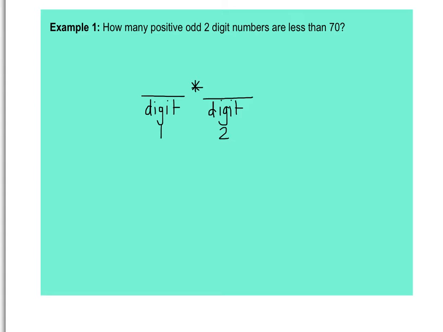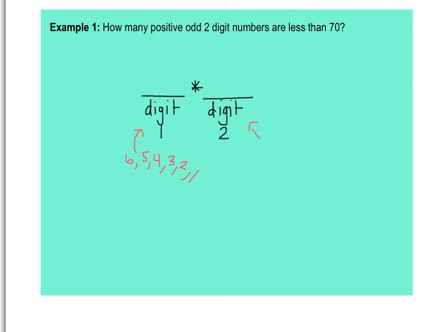It has to be positive and odd and less than 70. Well, if it's going to be less than 70, the only numbers that could go for the first digit would be a 6, because that would be in the 60s, or a 5 for the 50s, or a 4, or a 3, or a 2, or a 1. Now, on the other hand, the second digit has to make sure that it stays odd.